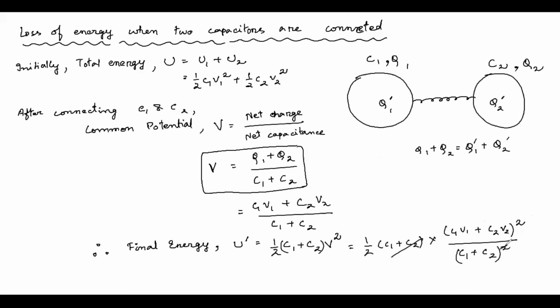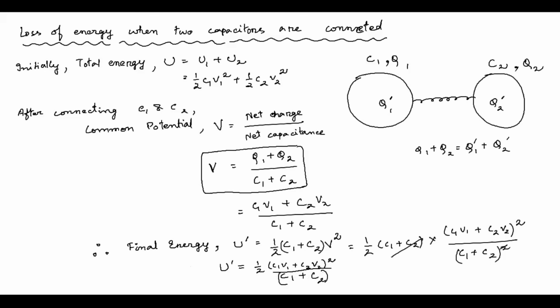When you cancel out this term, your final energy U dash is equal to half of C1V1 plus C2V2 whole square divided by C1 plus C2, right? So this is your final energy expression when the capacitors are connected.